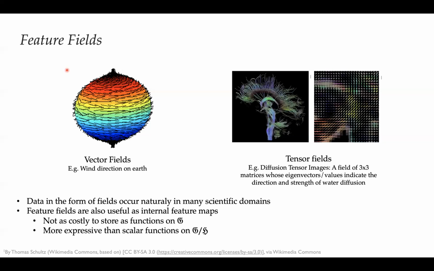That's represented as a 3x3 matrix whose eigenvectors are the principal directions along which the diffusion happens, and the eigenvalues are the strength along which that happens. If you're familiar with the geometry of eigenvectors and eigenvalues, maybe from PCA, you know that you can visualize this as an ellipse, as done here.